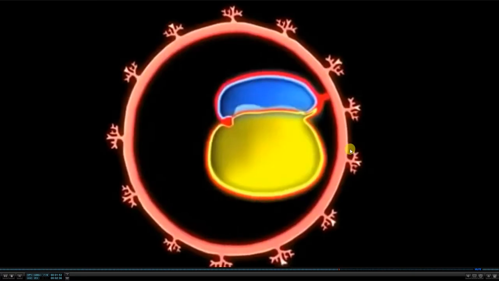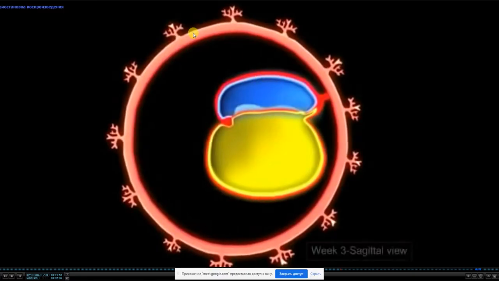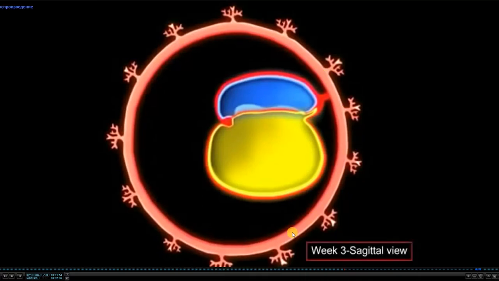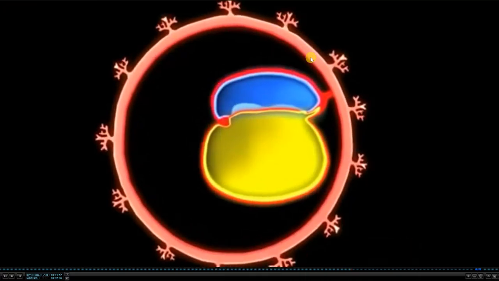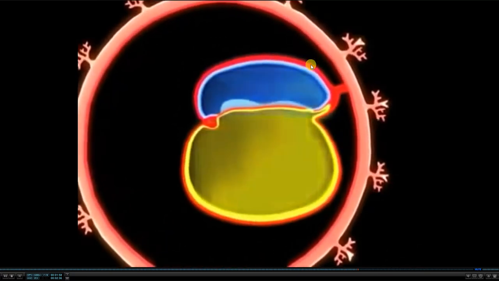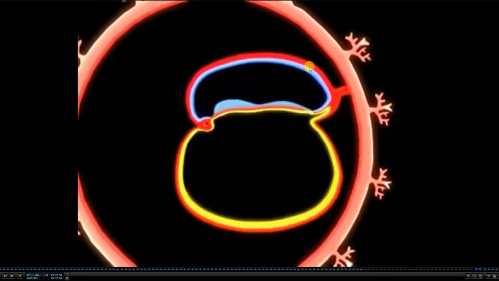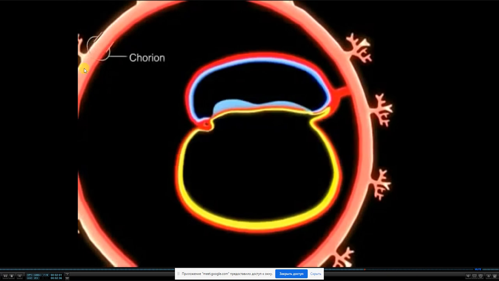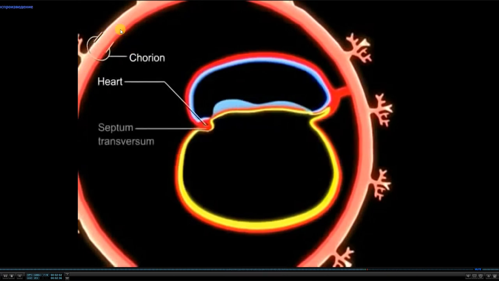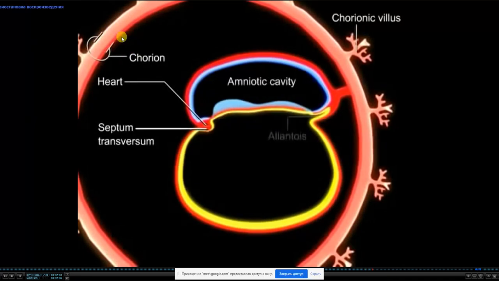And now let's see it from the sagittal plane. I said before that here we have, might be someone remembered, this structure known as the chorion. The chorion is made up of extraembryonic mesoderm, cytotrophoblast and syncytial trophoblast.